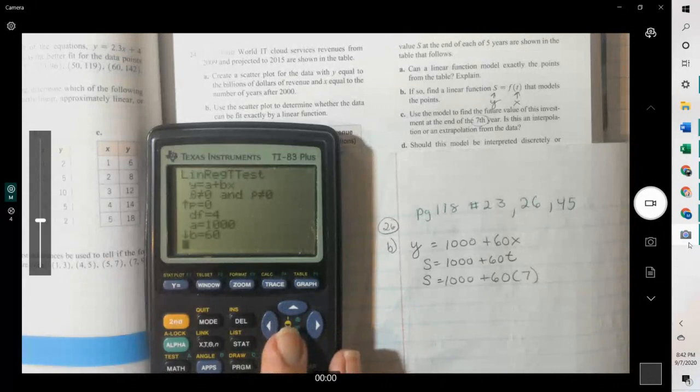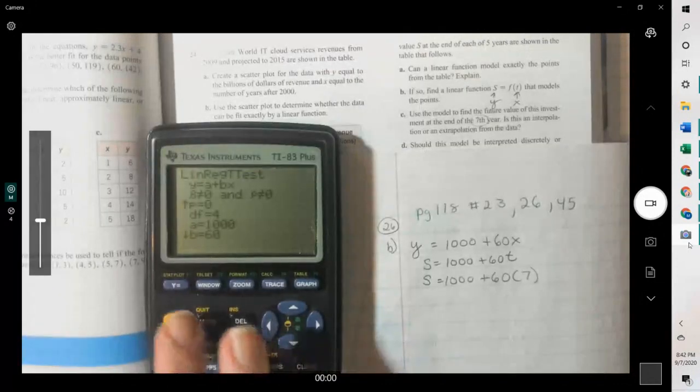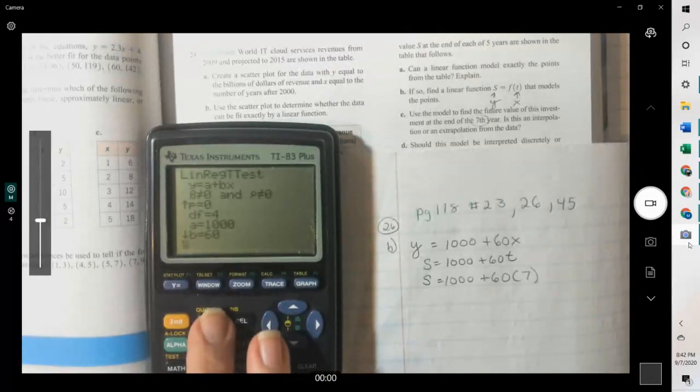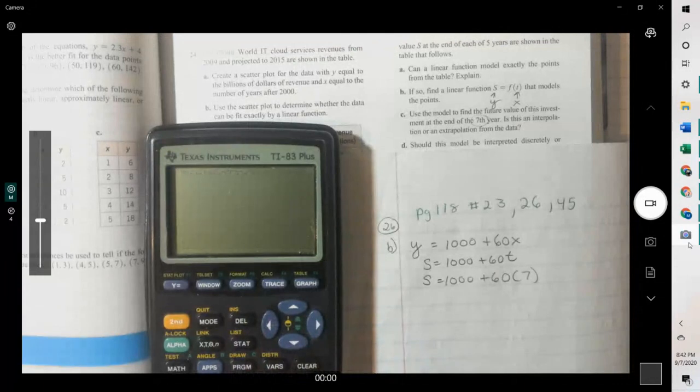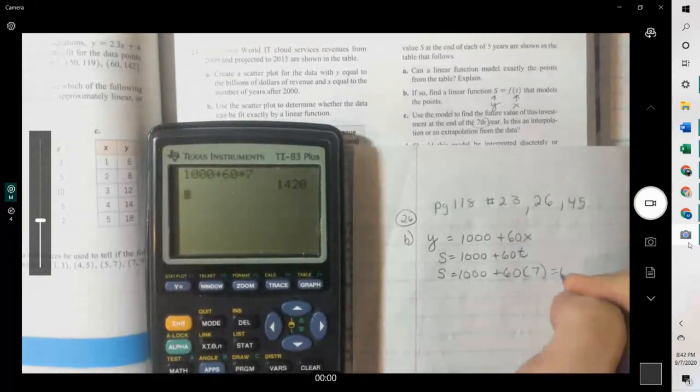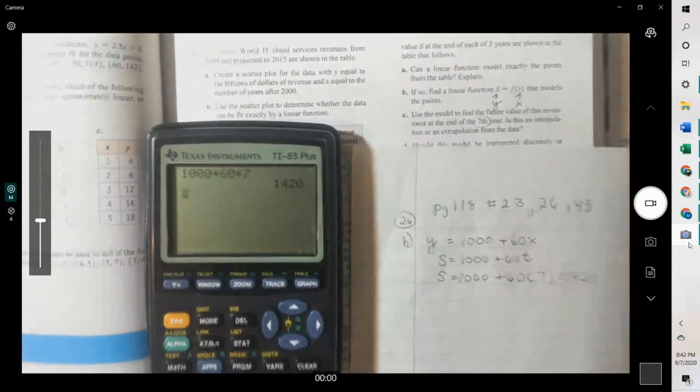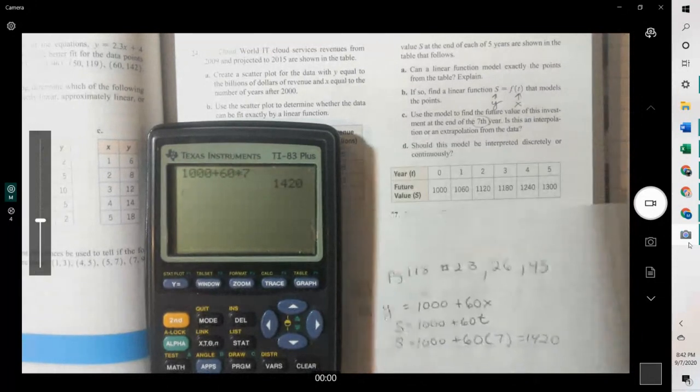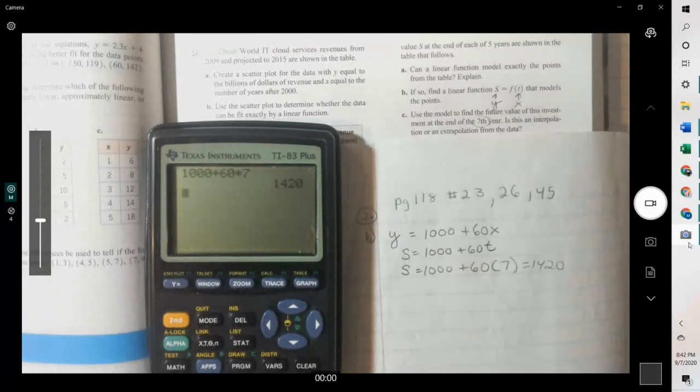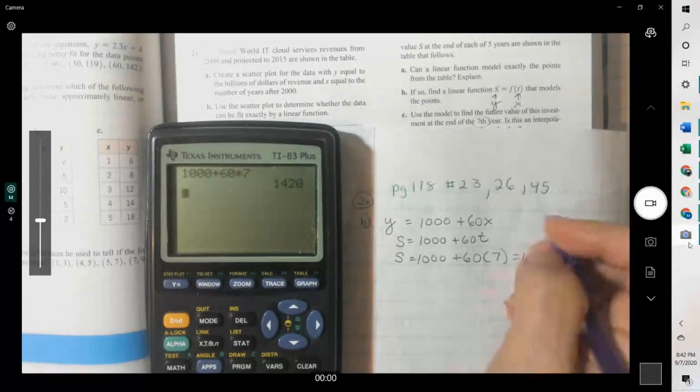I'll just plug that in. We could also look at R if you want. R was 1. So the future value would be $1,420.